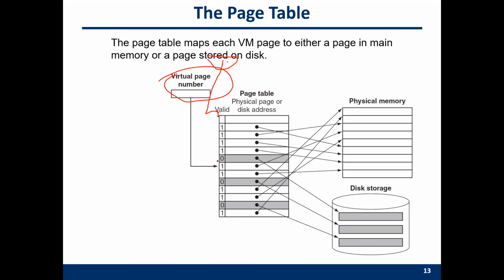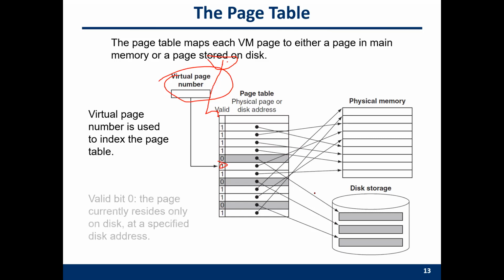So you can use 1 bit to indicate that. If it's a 1, then it's in the DRAM. If it's a 0, then it's in the disk. The virtual page number is used to index the page table. So a valid bit of 0 indicates the page is in the disk.